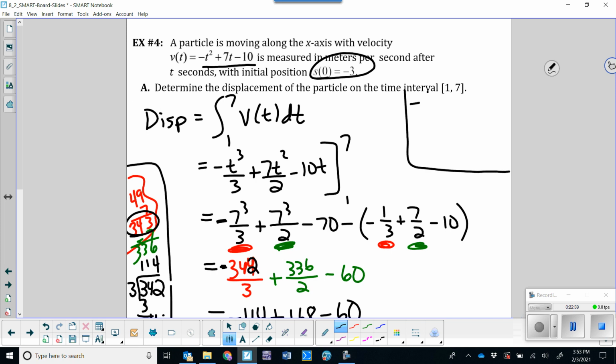So I'm going to factor out the negative: t squared minus 7t plus 10. So I factor this, I'm going to get negative of t minus 5, t minus 2. So at 2 and 5, this is changing directions, okay? So that's very important.